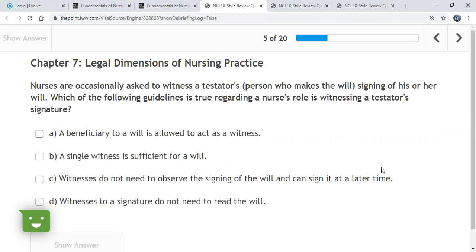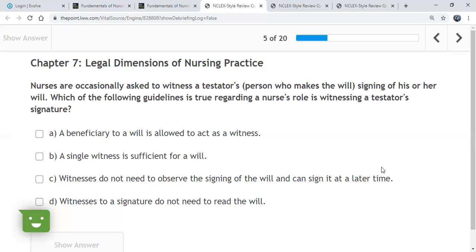Nurses are occasionally asked to witness a testator's, the person who makes the will, signing of his or her will. Which of the following guidelines is true regarding a nurse's role in witnessing a testator's signature? D?